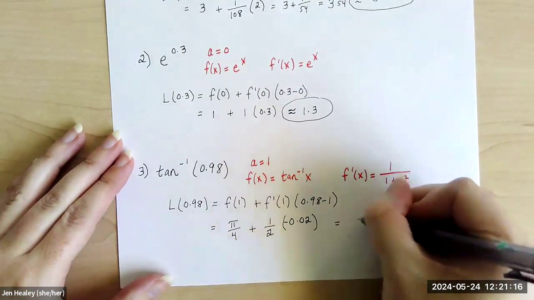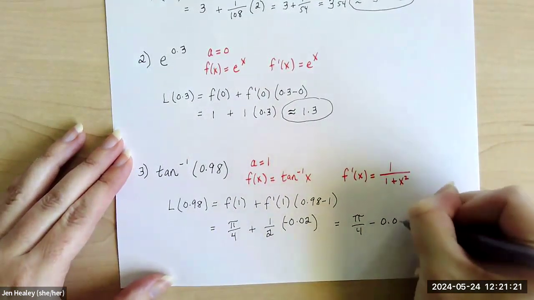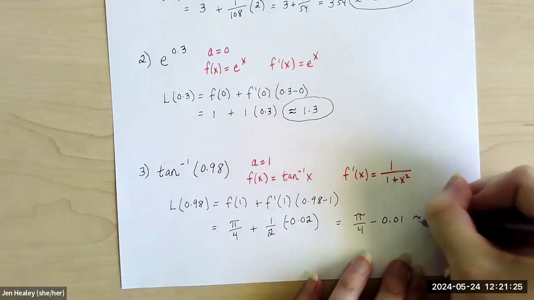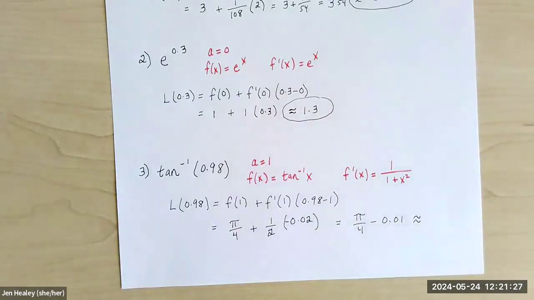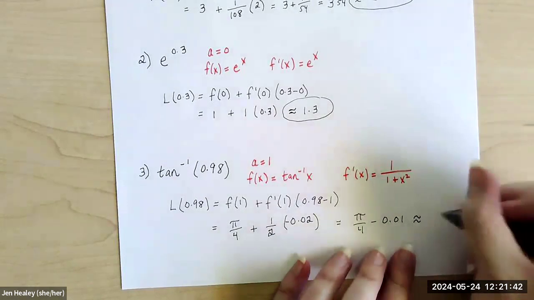So we would say that this is pi over 4 minus 0.01. And that's fine to leave it that way. But if you were wondering what that is approximately equal to, we can figure that out. Pi over 4 minus 0.01 is approximately 0.775.